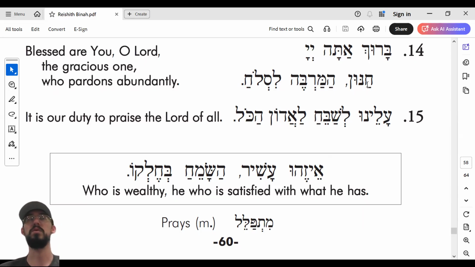Chanun, gracious one, or someone who is gracious. Hamarbe lisloach, who pardons abundantly, who pardons a lot, who is likely to pardon more than not.